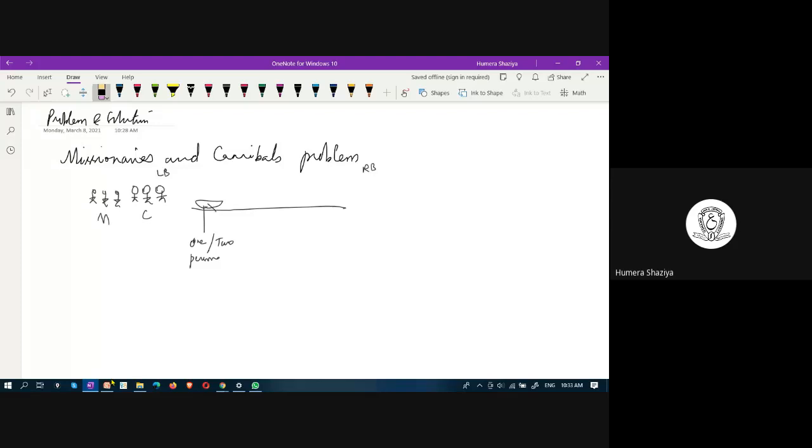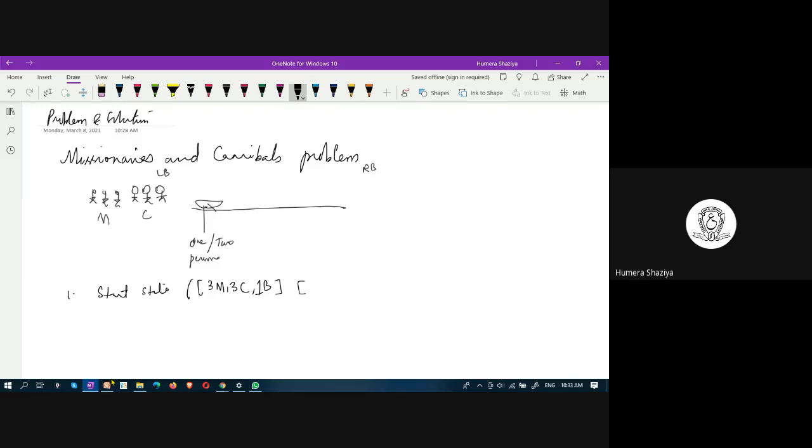Let us represent the start state. First, what is the start state? Start state says that there are three missionaries, 3M. M denotes missionaries. C denotes cannibals, three cannibals, and there is one boat, at the left side of the river.